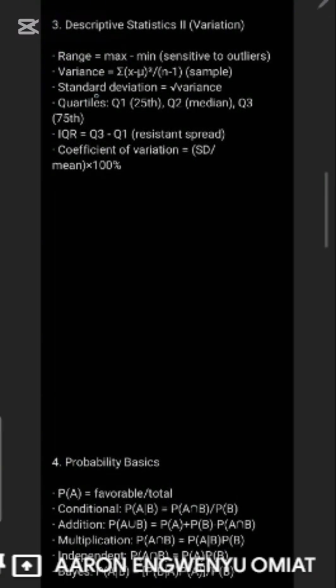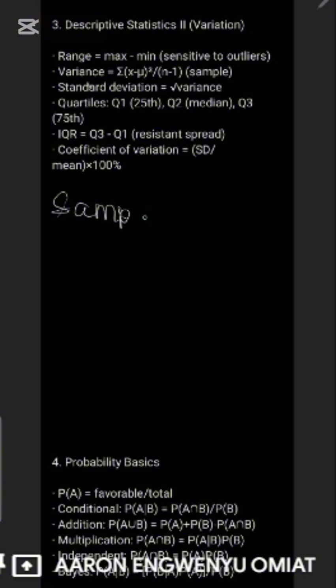After standard deviation, after variance, okay, more on variance. So variance for a sample is calculated.